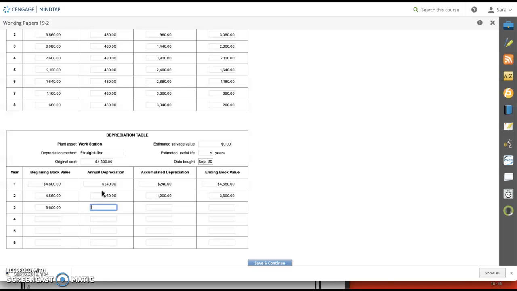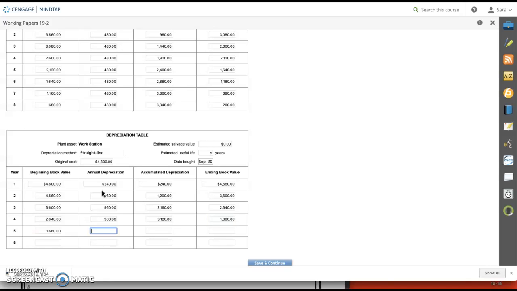So 3,600 for beginning, 960, 2,160, and our ending is 2,640, 960 per annual, so 3,120 for accumulated, and then our ending balance is 1,680.